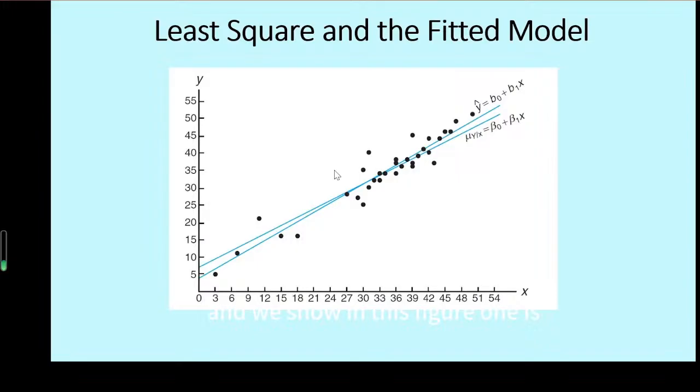And we show in this figure one line that is the theoretical value, but we never know this value for beta 0 and beta 1. And the other line is very close, but not exactly the same. This line is y hat equals b0 plus b1 x. So this is the estimated or fitted line from the given observations in these scatter plots.